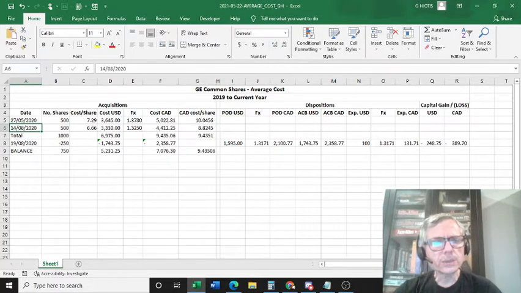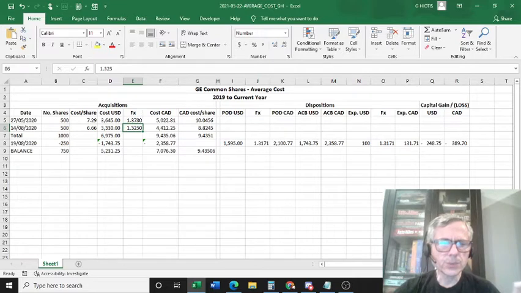He then acquired another 500 shares on the 14th of August 2020 at $6.66, for a total cost of $3,330 US. The exchange rate on the 14th of August 2020 was $1.33, or $1.32 and a half there.